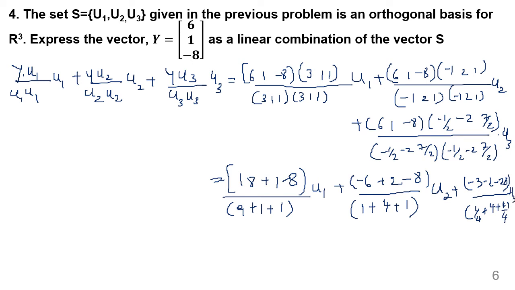So after simplification we are going to get the linear combination of vectors in terms of u1, u2 and u3, which is equal to u1 minus 2 times u2 minus 2 times u3.